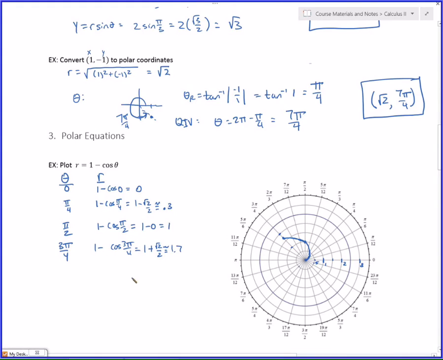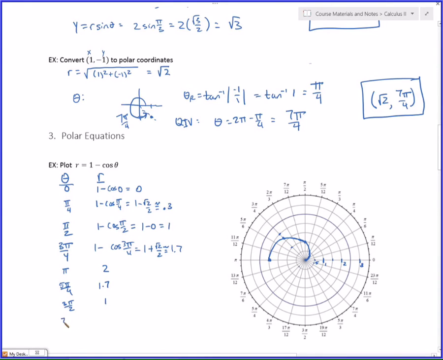Okay, now I'm going to go ahead and just fill the rest of these in for you, but you could keep calculating. Pi gives me 2, so I get all the way out to here. It looks like some kind of spiral, but then it starts to come back in. In fact, I start to mirror these points back here. So at 5 pi over 4, I get 1.7. At 3 pi over 2, I get 1 again.